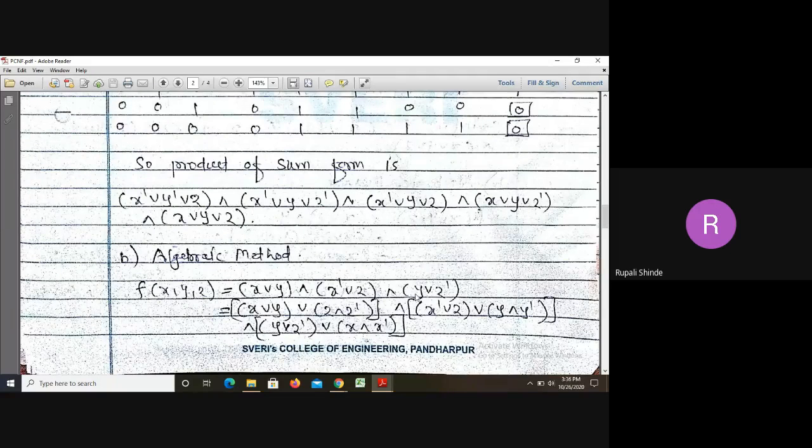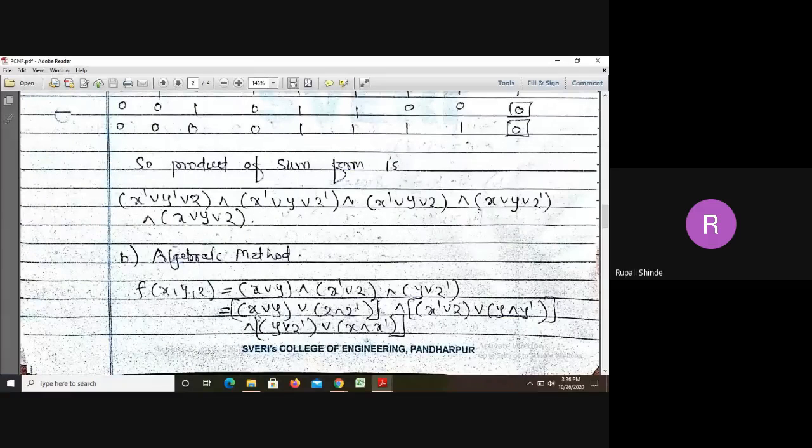But we have to transform it so that every bracket contains all three variables. The first bracket contains two variables and z is missing, in the second bracket y is missing, and in the third bracket x is missing, so we have to add them ourselves.